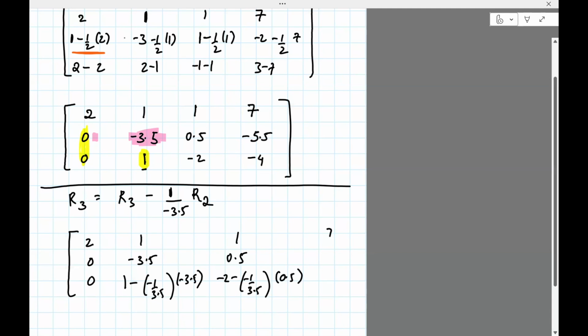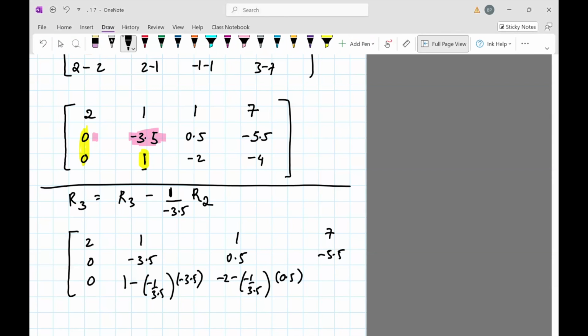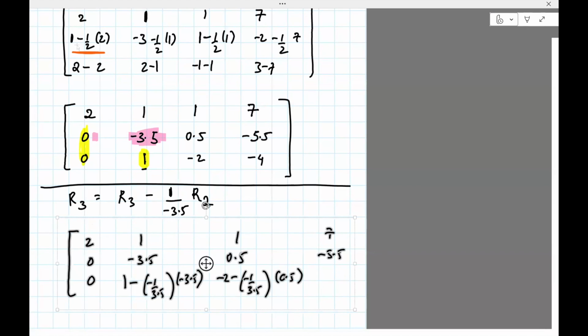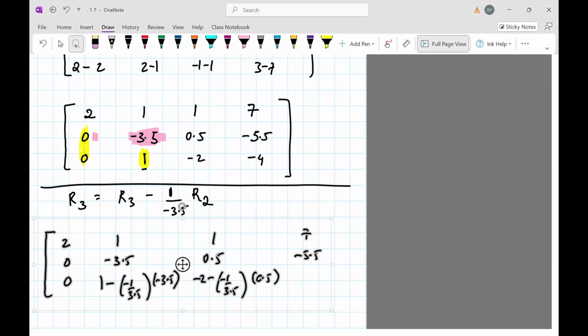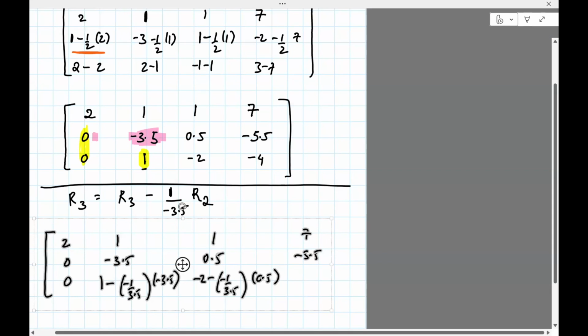And then finally, 7 is unchanged, minus 5.5 is unchanged. Okay, so last we'll have minus 4 minus, again, minus 1 divided by 3.5 times row 2, so minus 5.5.